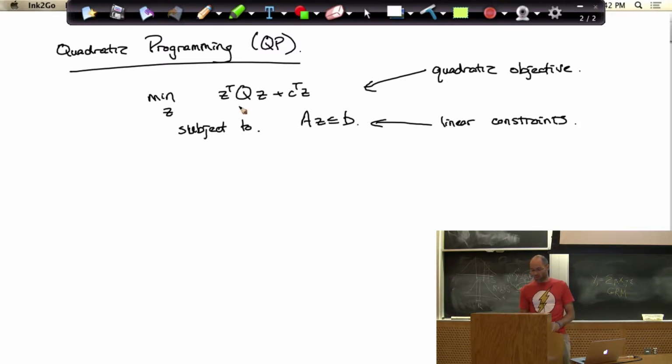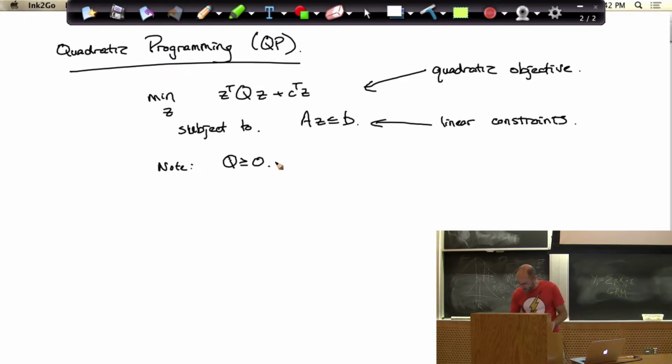Now, almost always when we say quadratic program, we actually mean a convex quadratic program. The ones we can solve effectively are when Q is positive semi-definite. Then there are efficient algorithms to solve that, because it's the convex case. The non-convex case is NP-hard. So there are tools to solve it, but they're not in the realm of convex optimization.